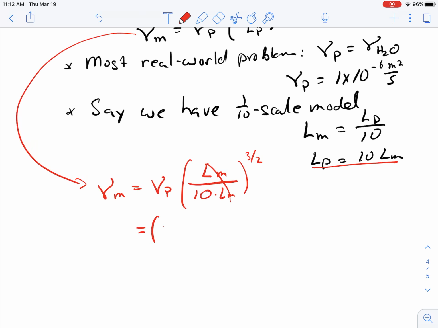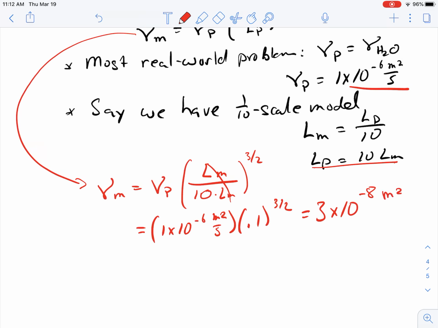What do we have for that? We'll have 1 times 10 to the negative 6 meters squared per second. That came from over here. That is the kinematic viscosity of water times 0.1 to the 3/2. If we work that out, we end up with 3 times 10 to the negative 8th meters squared per second.